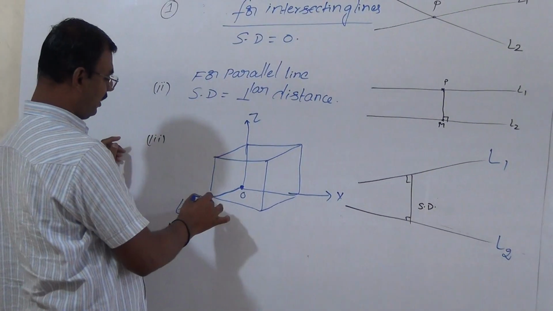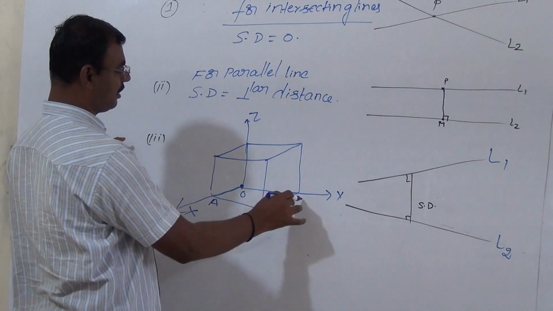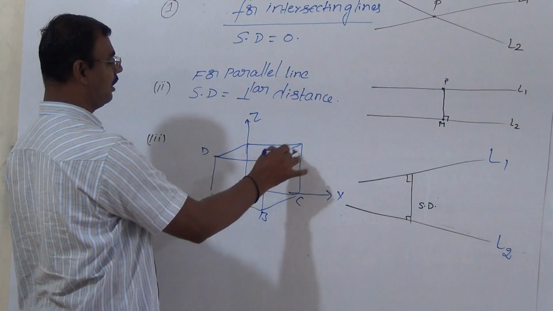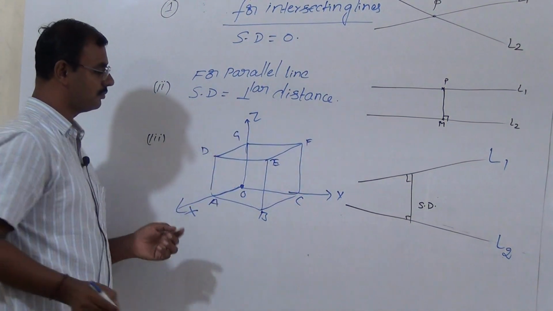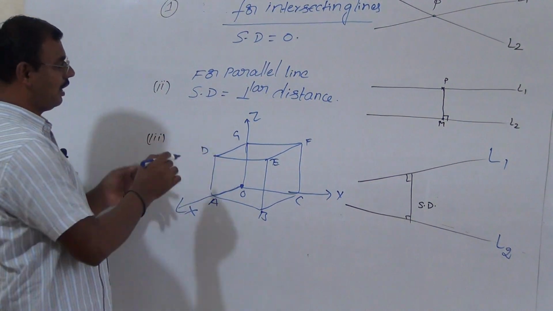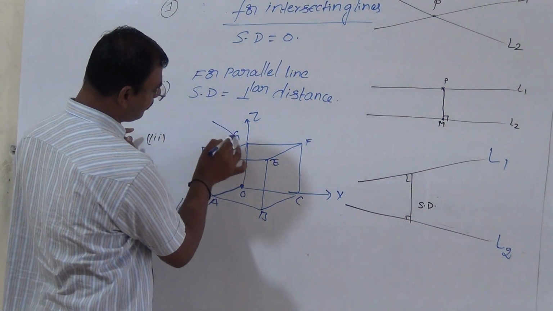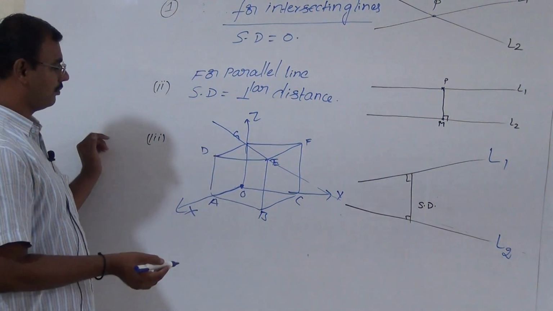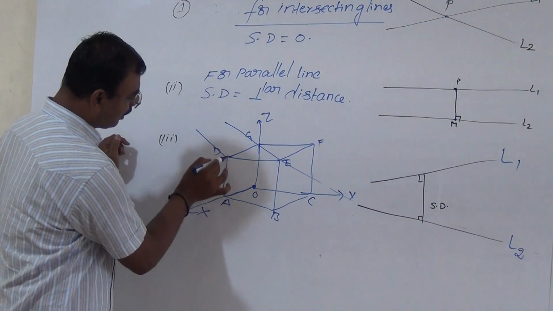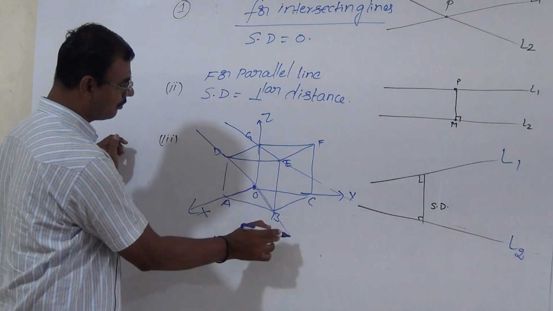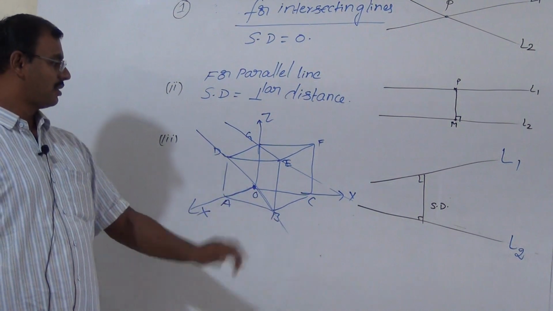We give the points names A, B, C, O, A, B, C, and next D, E, F, G like this. We are observing here, I draw GE, this is one diagonal, and also the other diagonal I can join like this. So DB also is one diagonal.